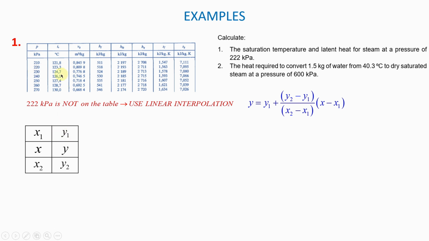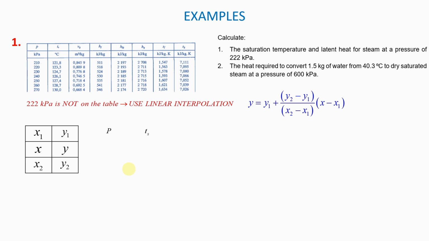So y1 is 123.3, y2 is 124.7. But the y we're looking for, which is the one that will correspond to a pressure of 222 kilopascals, will be in between the two. I hope this is making sense.